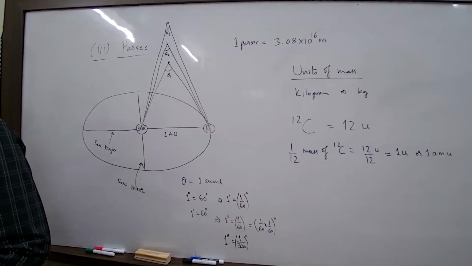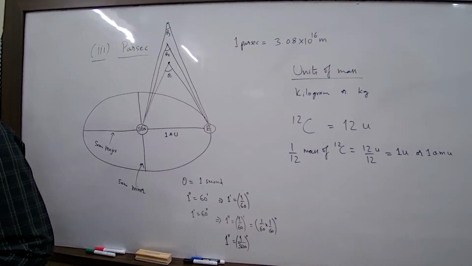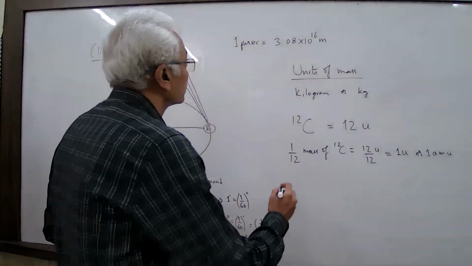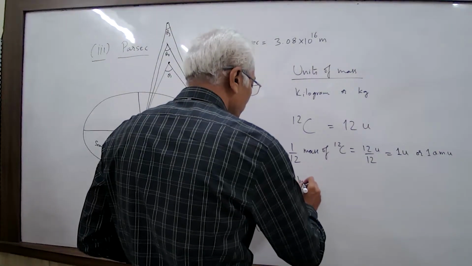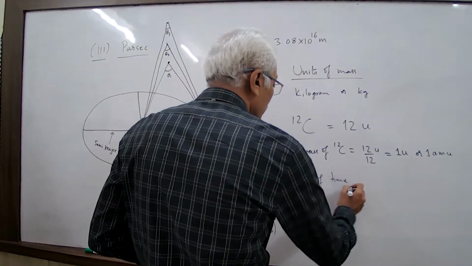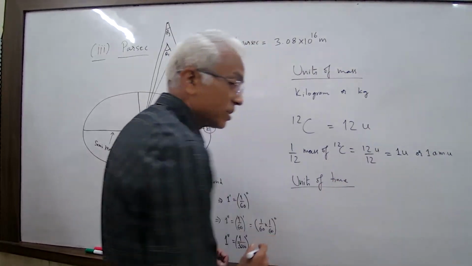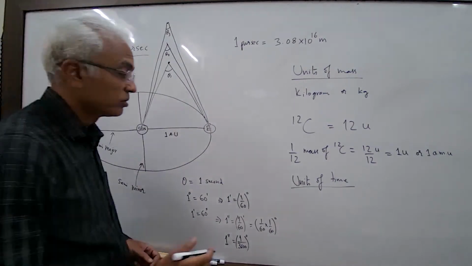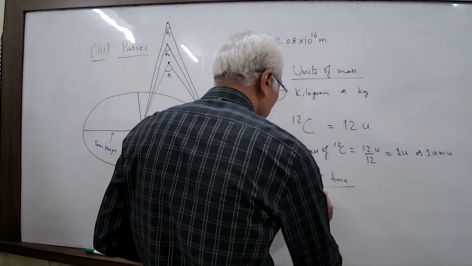We will now go ahead to units of time. What are units of time? What is the standard unit of time? The SI unit is the second, which is what we know.